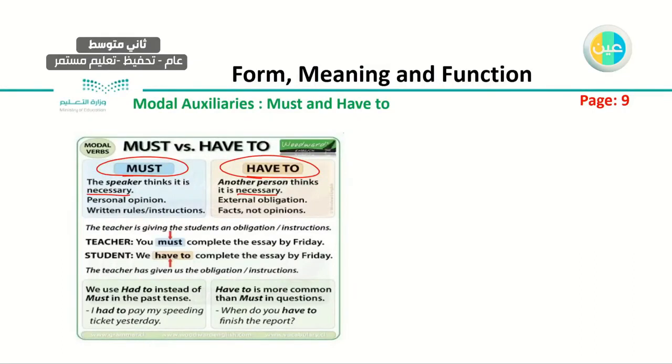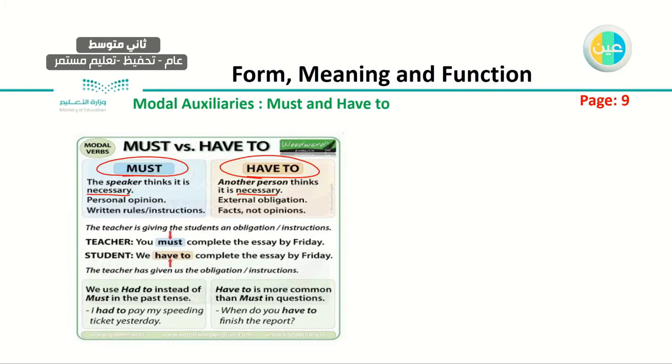Both of them refer to obligation and necessity. Remember to use had to in the past with have to. Remember also to use had to instead of must. In the past, you don't have the word must, so you have to use had to. Look at the example here.